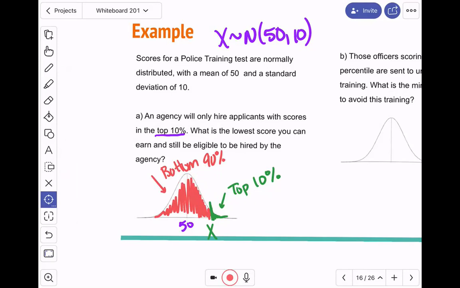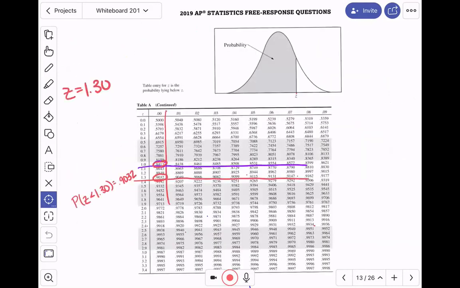My chart gives me percentages, located on the inside right here. These are all percentages. So what I'm going to do now is look for the z-score that corresponds to 90%.